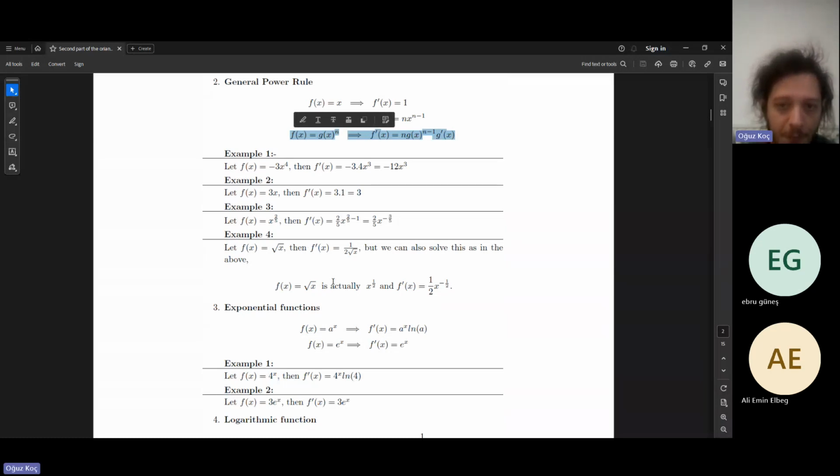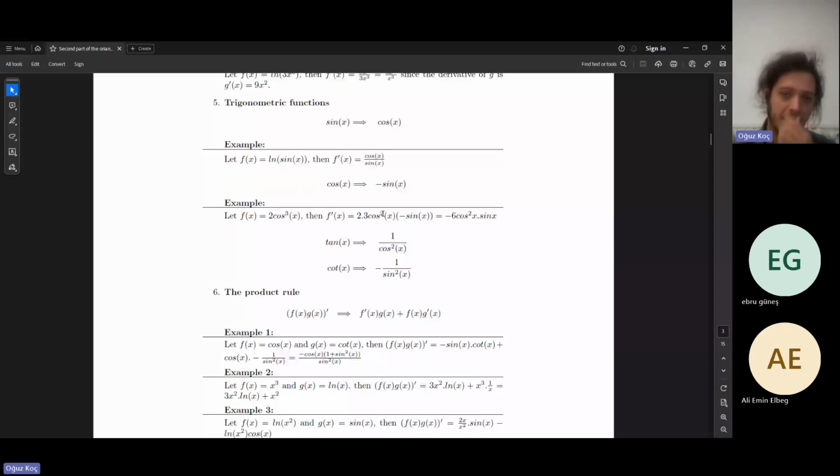We multiply the derivative of the function by the power of this function, which is 3, and then we reduce the order of the function, and then we take the derivative of cos x here, which was equal to minus sin x. And then when we make the simplification here, we get minus 6 times cos squared x times sin x here.